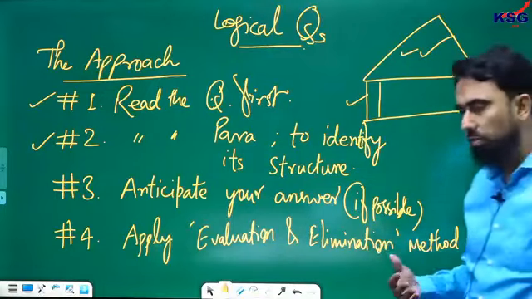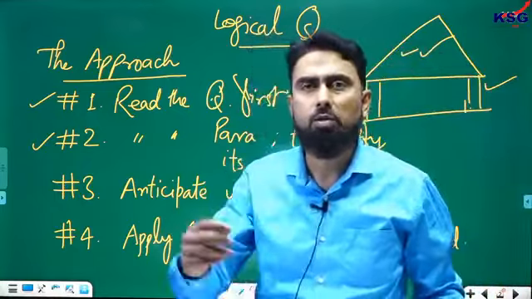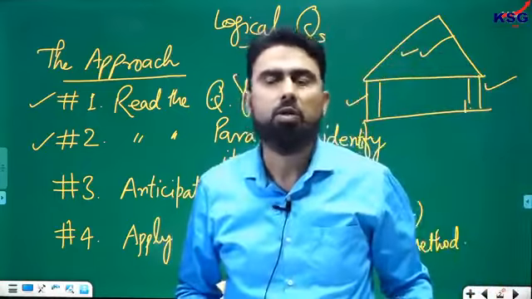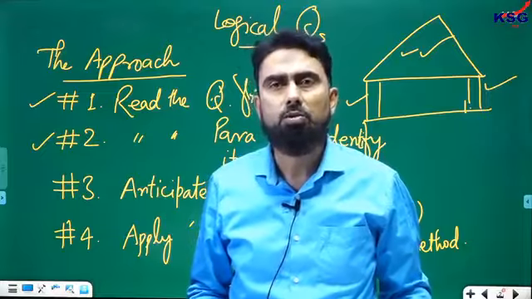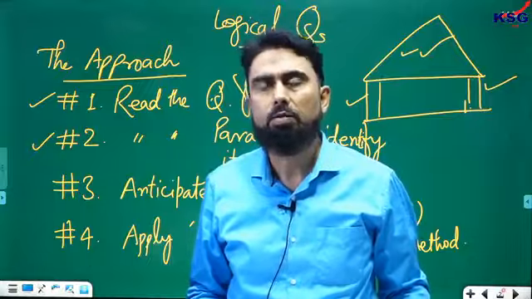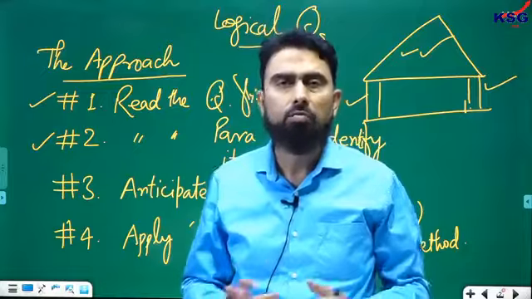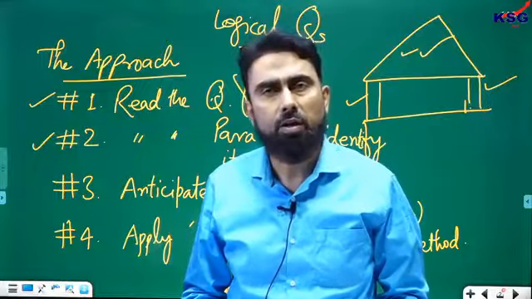The answer of RC sometimes cannot be just, after reading the para, you cannot simply point out the correct answer. At times you have to go through all the options and notice if there is any visible error in them, any inconsistency, any kind of illogical connection with the passage, then you are supposed to eliminate those options.